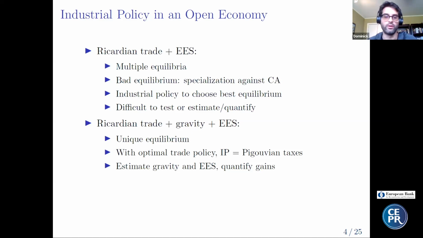We're going to have a well-defined optimal trade policy, optimal industrial policy rather, that is going to be given by a simple Pigouvian tax formula. And so what we're going to do in this paper is we're going to propose this approach to quantifying the gains, and then we're going to estimate the external economies of scale and do the quantification.